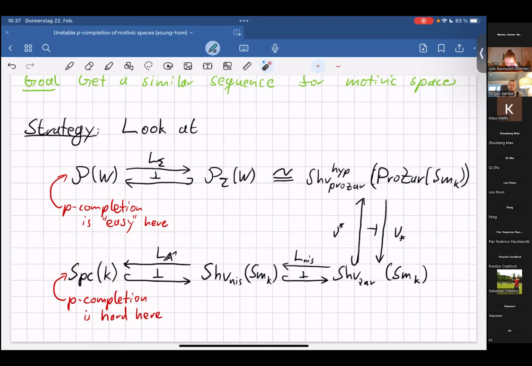And so the idea is to first go to Nisnevich sheaves and then go to Zariski sheaves. So there is also a topos called Zariski sheaves, where we replace Nisnevich covers by Zariski covers, and Zariski covers are just given by open immersions, so open covers of some scheme.